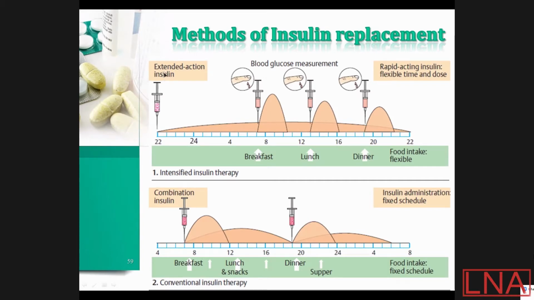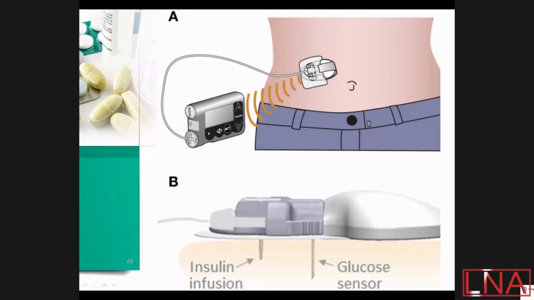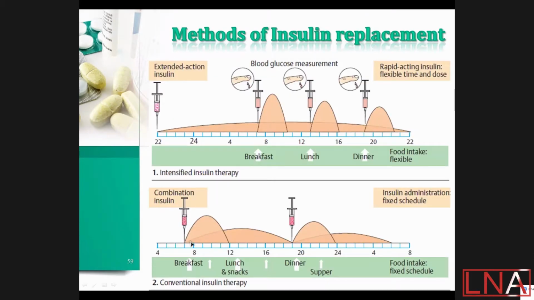If the patient takes short-acting drugs, for example, before breakfast, there is an increase in concentration, a decrease in concentration, and after the next meal, the patient should take 1 more injection. So totally 3 times a day, and there is no stable concentration. If we're talking about combination therapy, you see there are 2 peaks after 1 injection.